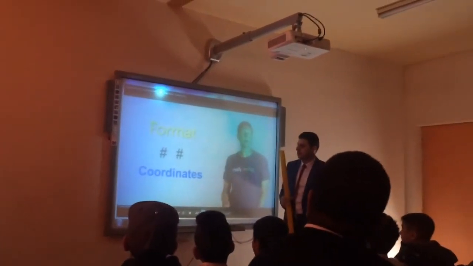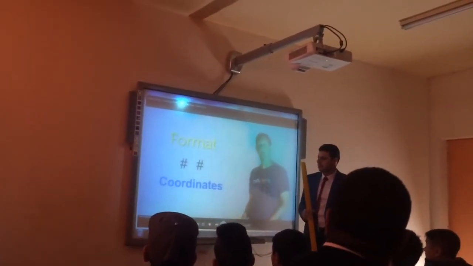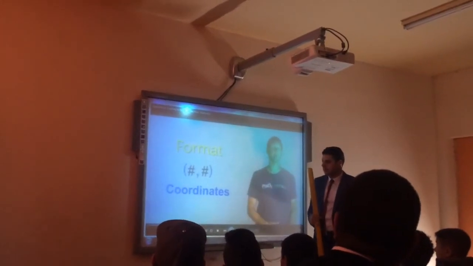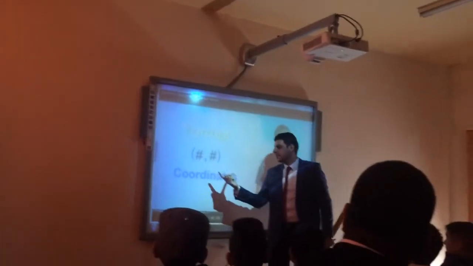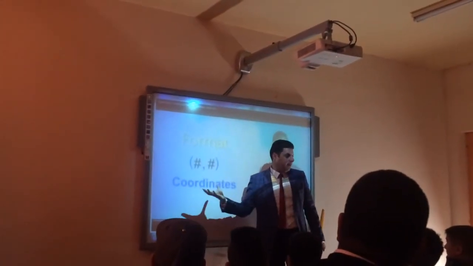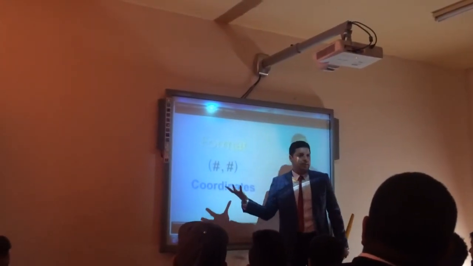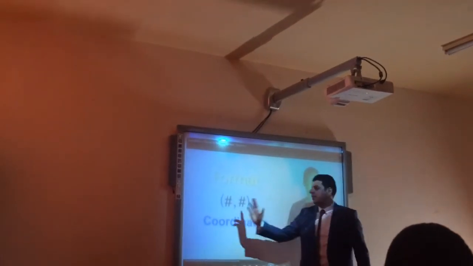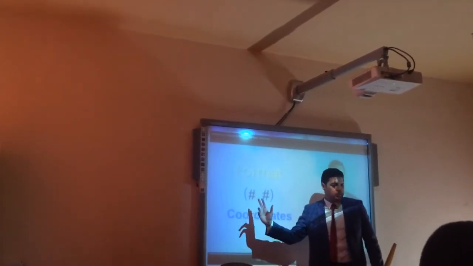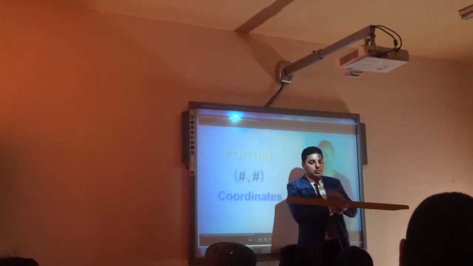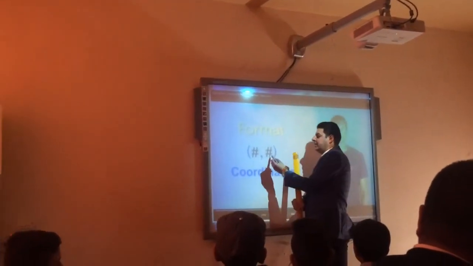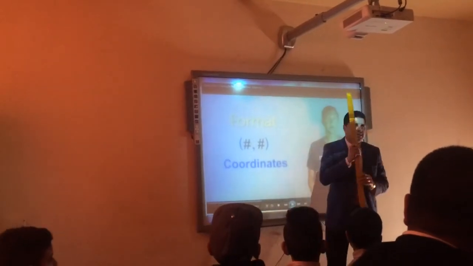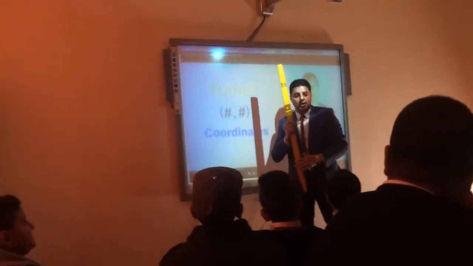Coordinates use a special format to help you recognize them. The two numbers are put inside parentheses with a comma between them as a separator. This is called an ordered pair. The first part belongs to the horizontal line, and the second part belongs to the vertical line.